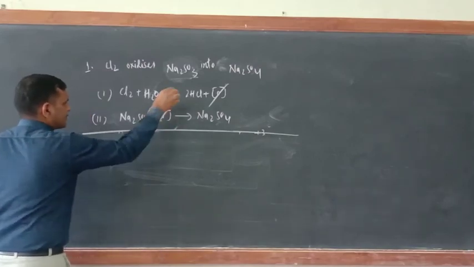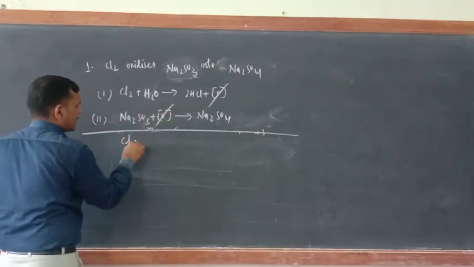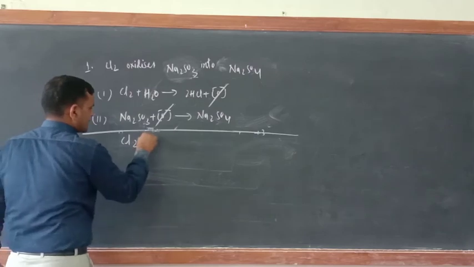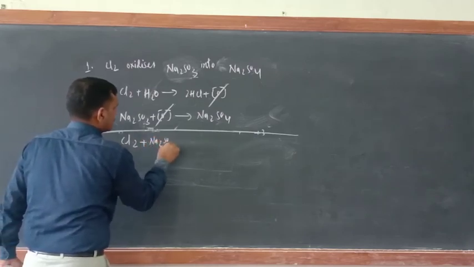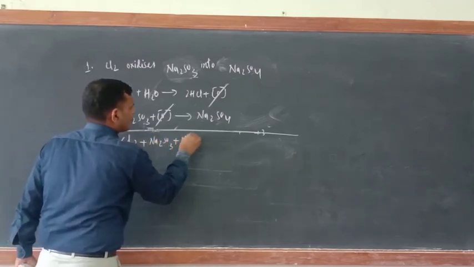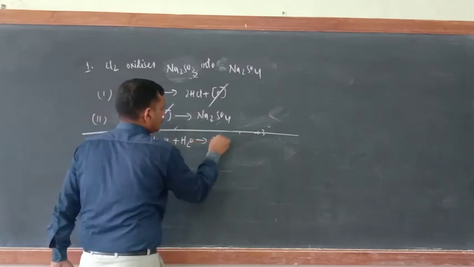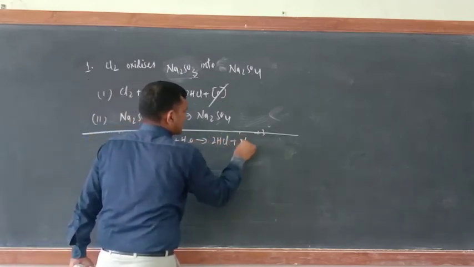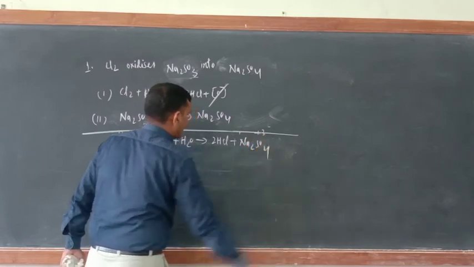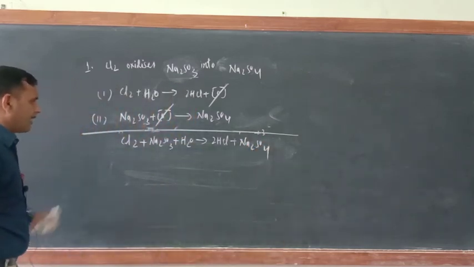So now this will be cancelled out. Now here Cl2 plus Na2SO3 plus H2O is equal to 2HCl plus Na2SO4. Okay, and now just check here.